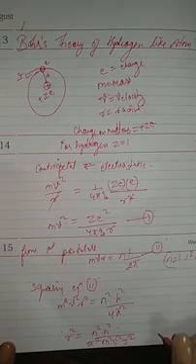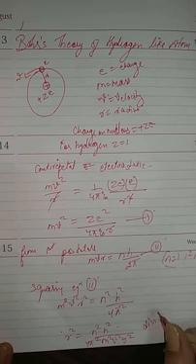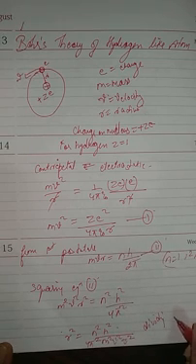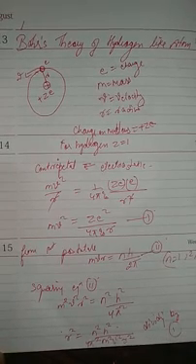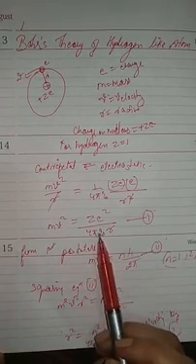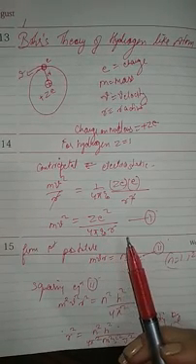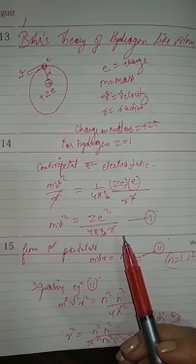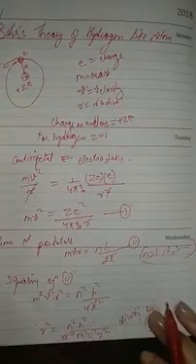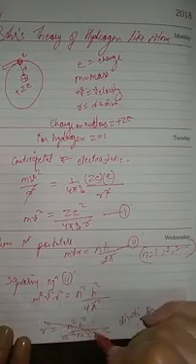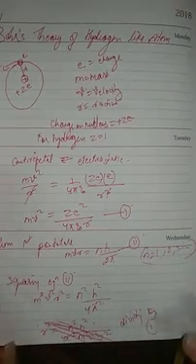Now dividing this equation by equation number 1. Before dividing, I'll just cut this last step, because first of all we need to divide, then only we'll arrange it properly.